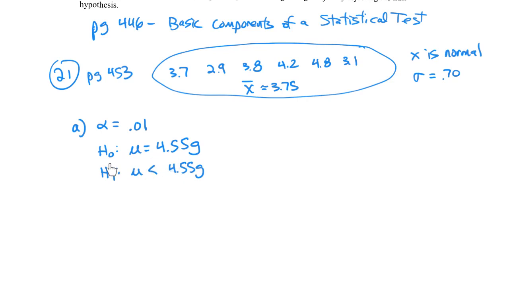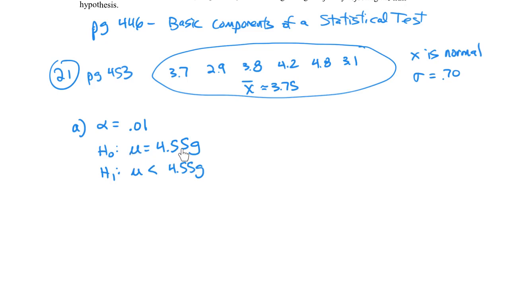Just like before, whenever you have these hypotheses, our null hypothesis is always equals. Look at the format: H naught, colon, the thing we're assuming. This is what we believe so far based on evidence from previous studies.